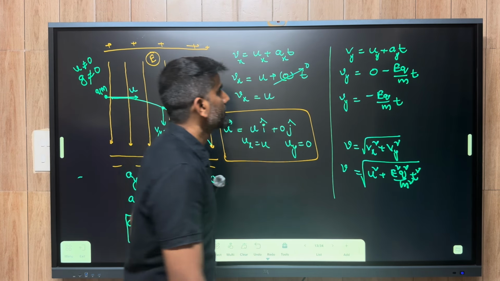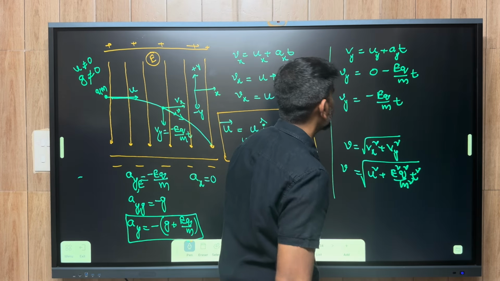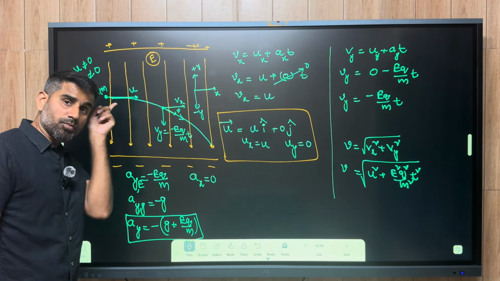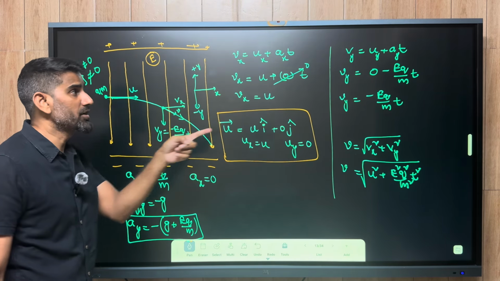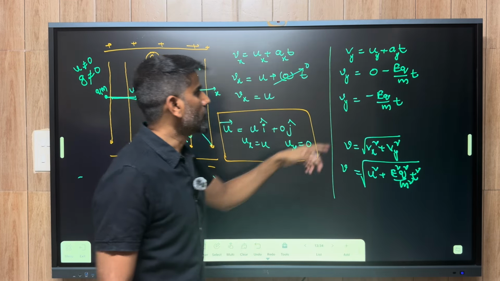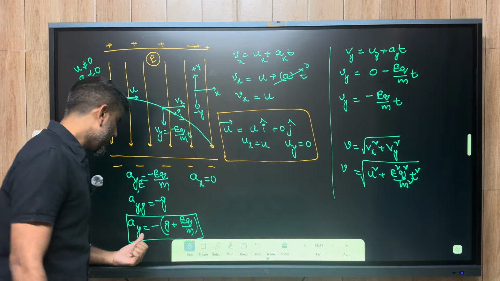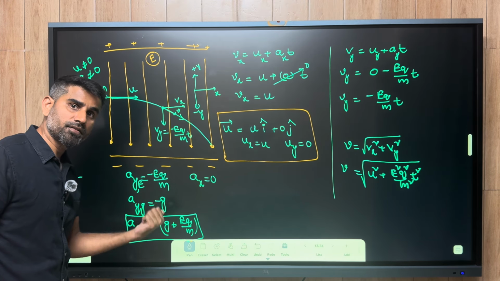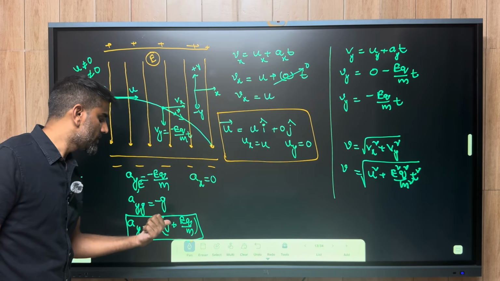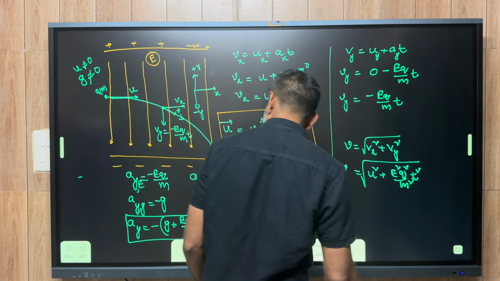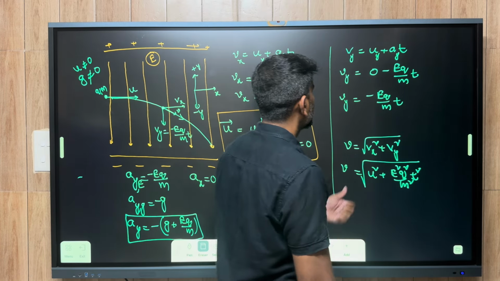Now coming to the y component. Vy is equal to uy plus ay t. As I have projected the charged particle along the x-axis, its initial velocity y component is again 0. So minus ay is how much? Minus of g plus eq by m. In the earlier case it was minus eq by m, but in this case it is minus g plus eq by m.